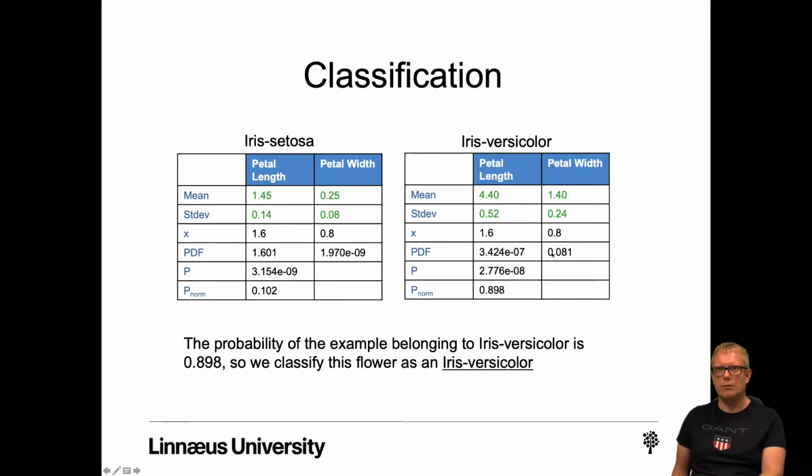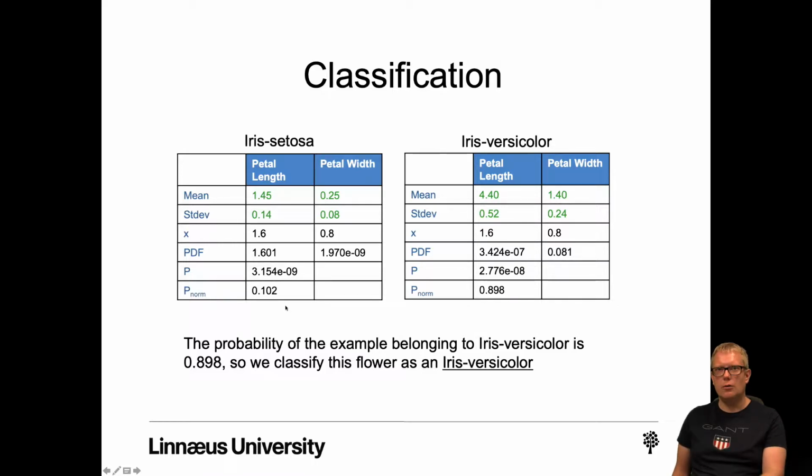We do similar for versicolor. When we multiply both together, we get a probability for being setosa of 3.154 to the power of minus 9, and a probability of being versicolor of 2.776 to the power of minus 8.